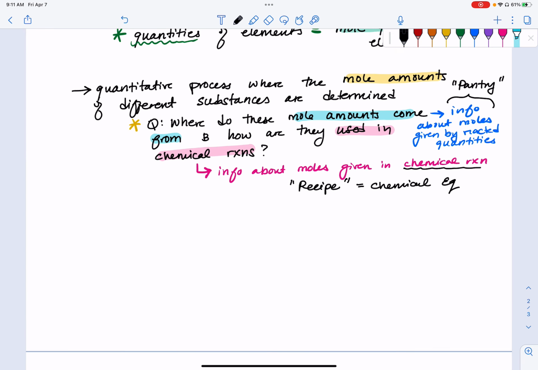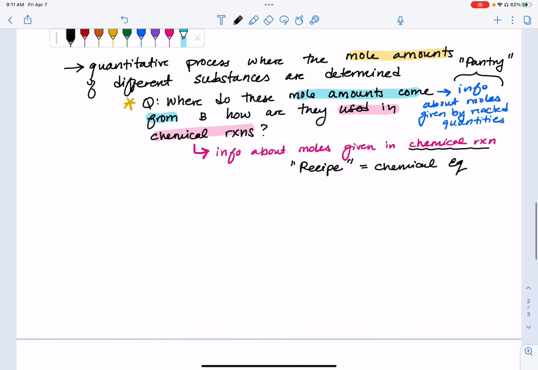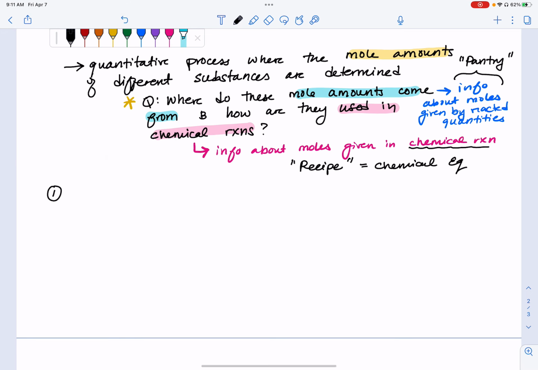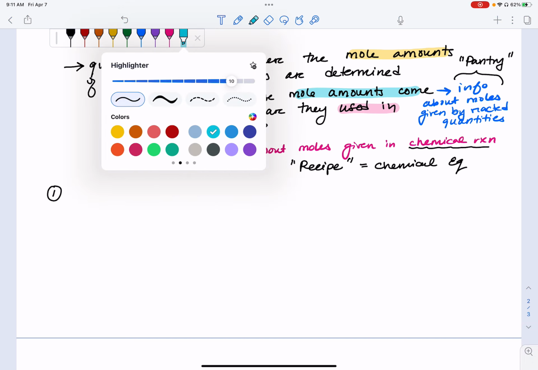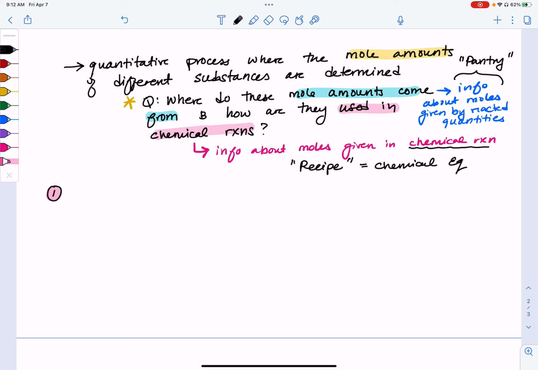So let's parse this out a little bit. Let's break this up into these two aspects and make a decent distinction between them, because right now they seem to be described as similar, but there is a little bit of a difference. So let's first start with the information about mole quantities that is given in chemical reactions or a chemical equation.